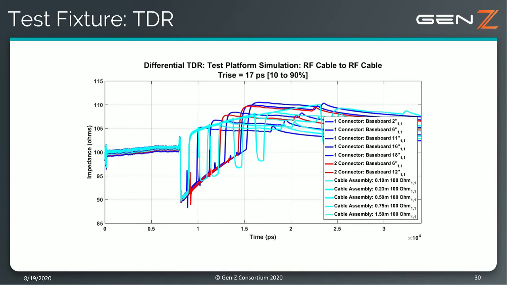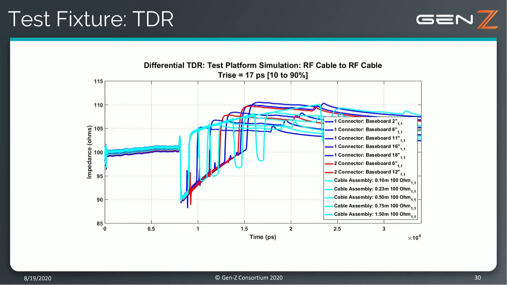The first measurement I have for you is the differential TDR. The first thing you see coming in at 100 ohms is the RF cable. Then we see an immediate drop down towards the 85 ohm PCB, the Gen-Z connectors, and the cables as well. We see various different responses in time thanks to the incremental interconnects available in the chassis.